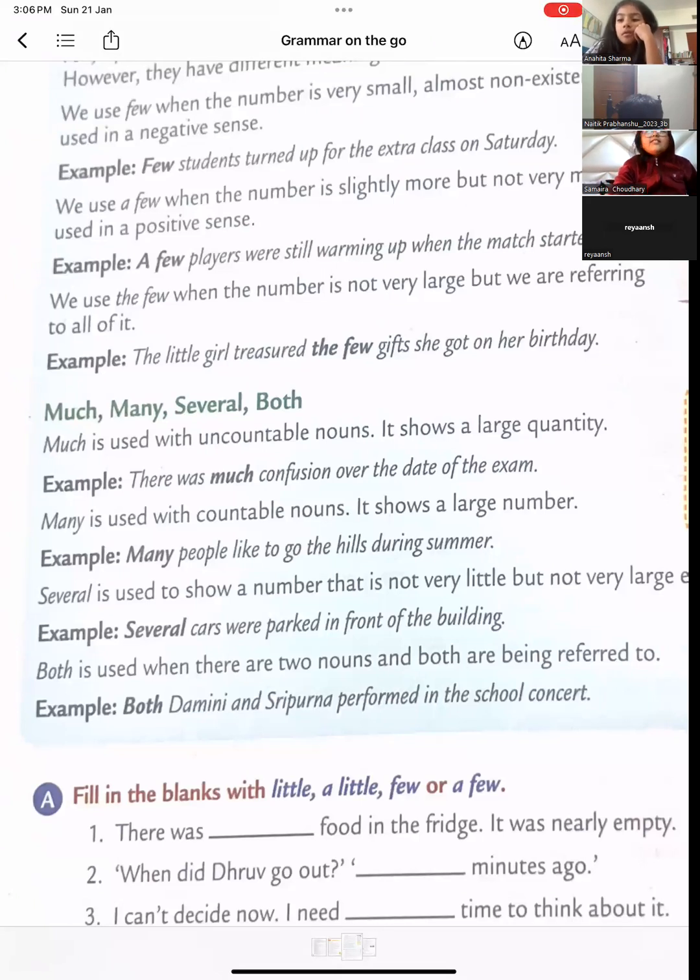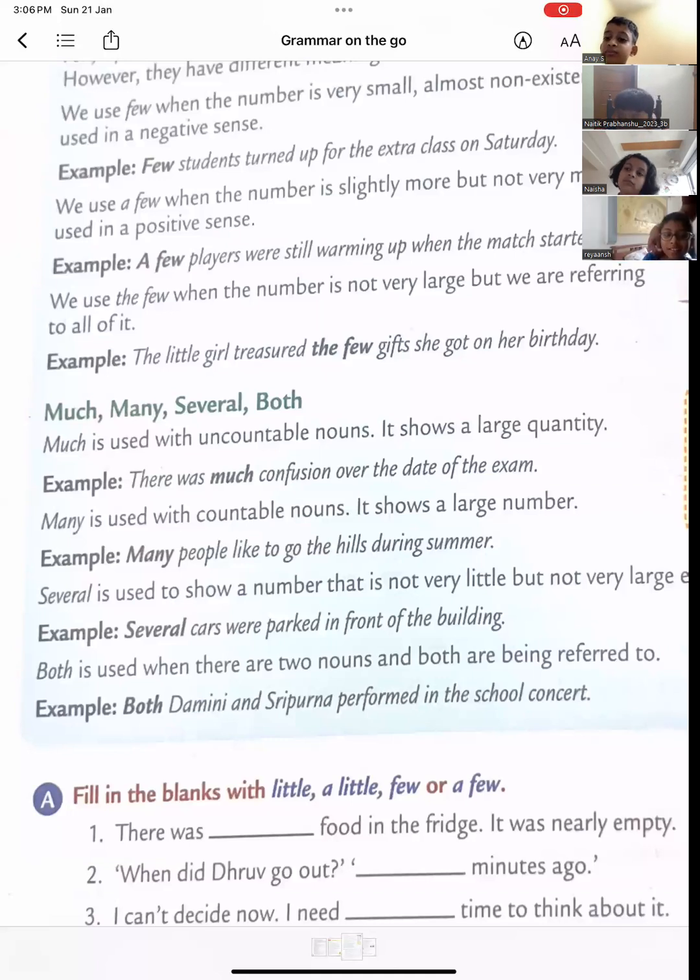Now, can we count galaxies firstly? Yes, maybe we can. Can we count the stars? No. So what am I going to use for stars if I can't count? But we always say there are many, many stars in the sky, isn't it?